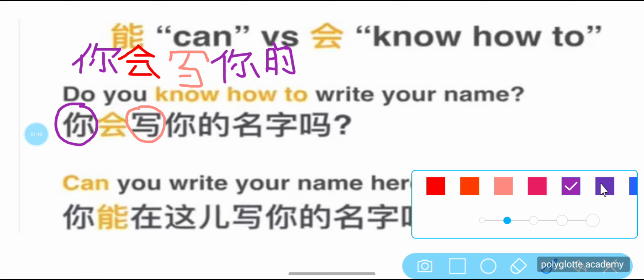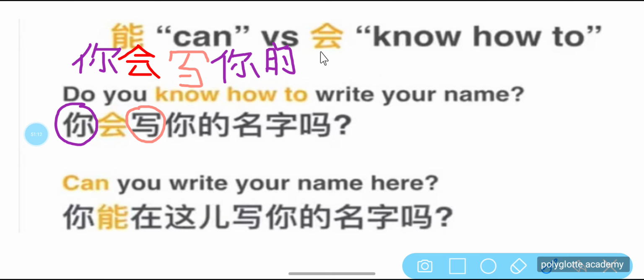You remember, these sentences are just repeated so that you can fully embrace Chinese characters. So we have 名字, which means a name.